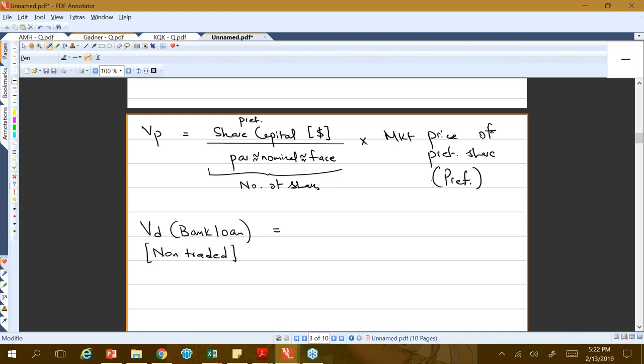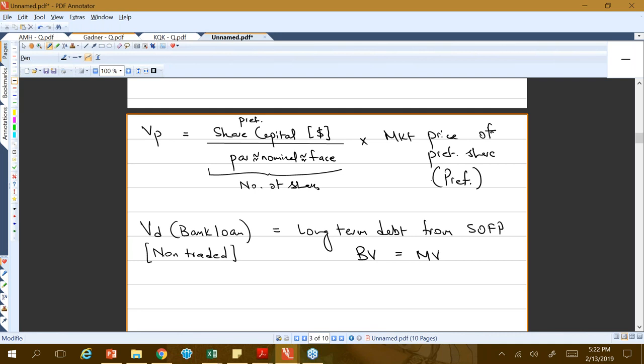So the VD of the bank loan, or the value of debt of the bank loan, is simply the long-term debt from the SOFP, which means that the book value of the bank loan equals its market value because it is non-traded. There is no concept of a market price. So whatever it is in book value terms, the same it is in market value terms.